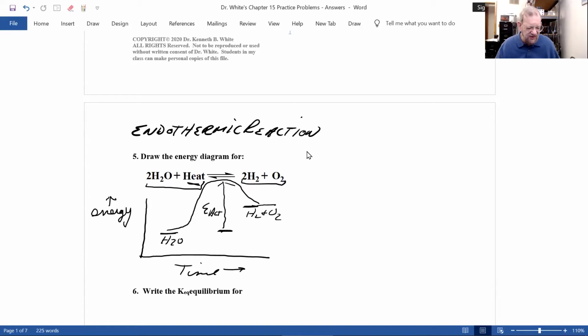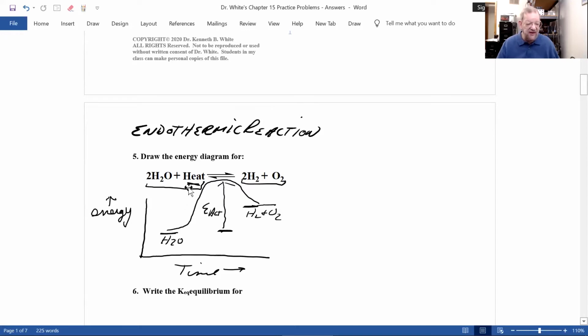Now, in an energy diagram, you still have energy on the Y axis and time on the X axis. And if we look at water, we pick an arbitrary energy. That's all I've done. Now, are the products higher or lower in energy than the reactants?